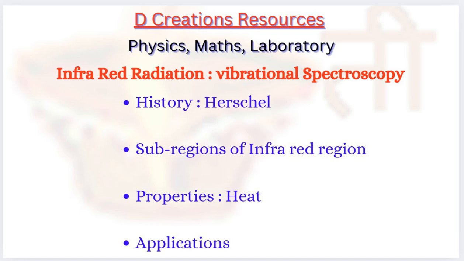Obviously the wave number corresponding to near infrared is larger than that of far infrared, which means the wavelength corresponding to near infrared is smaller than the wavelength corresponding to far infrared. As you are aware, the infrared region is sandwiched between the microwave region and the visible region.